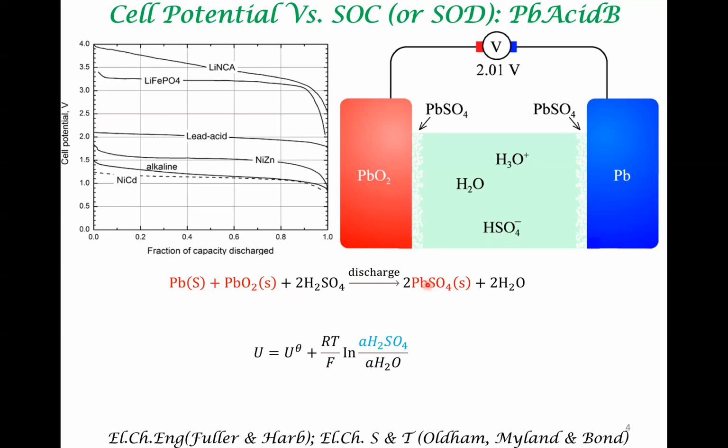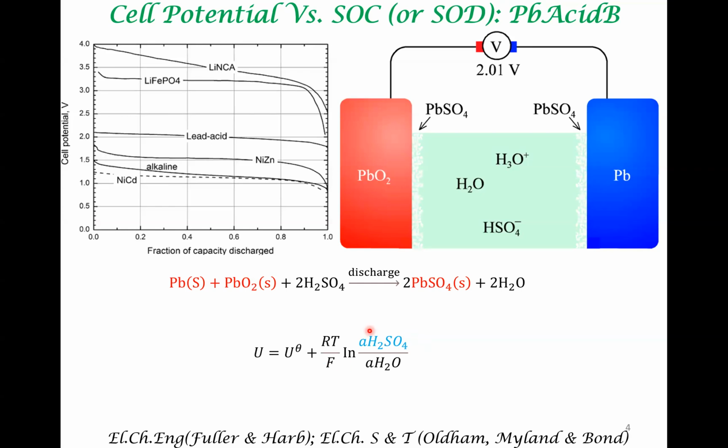So those terms drop out of the cell potential, and you can represent the cell potential in terms of the activity of H2SO4 and the activity of water. In a battery which has a lot of capacity, the concentration of H2SO4 is high, and that gradually decreases. Activity is concentration times activity coefficient.